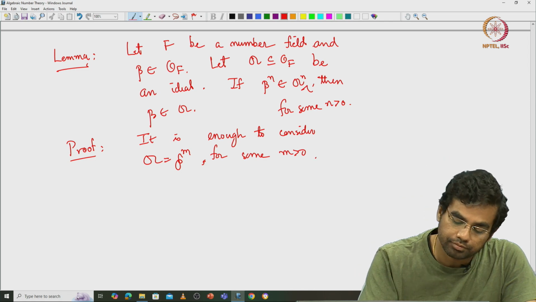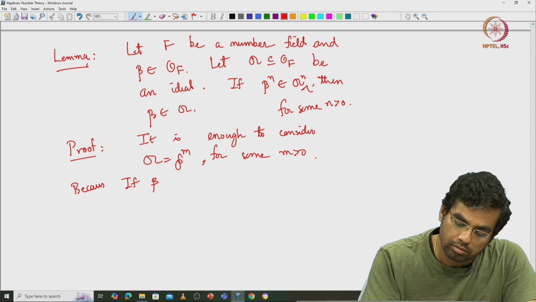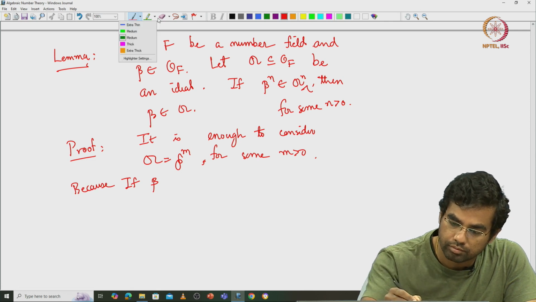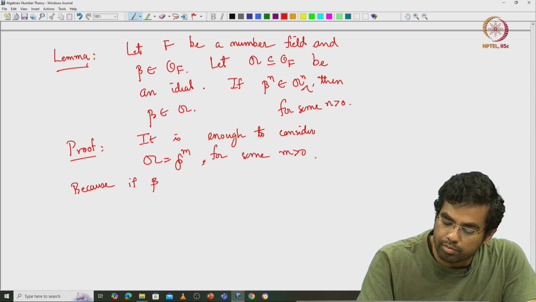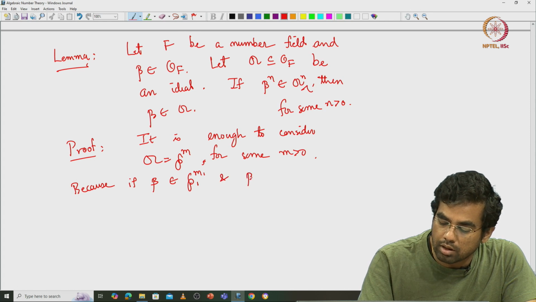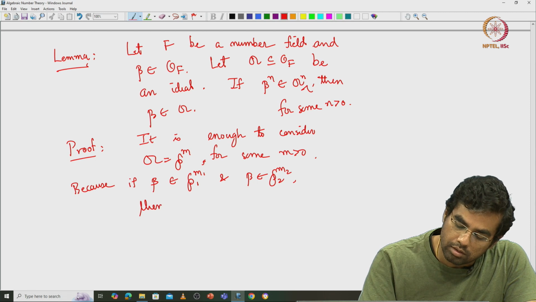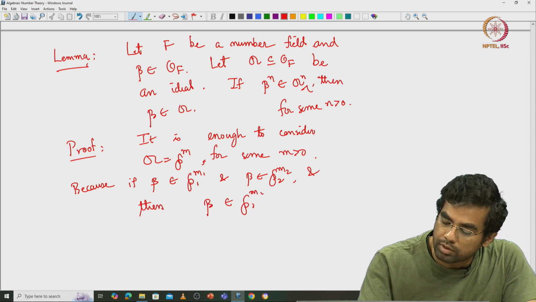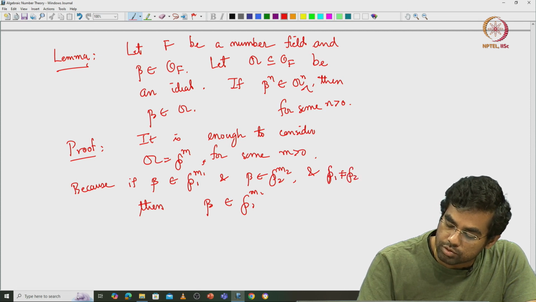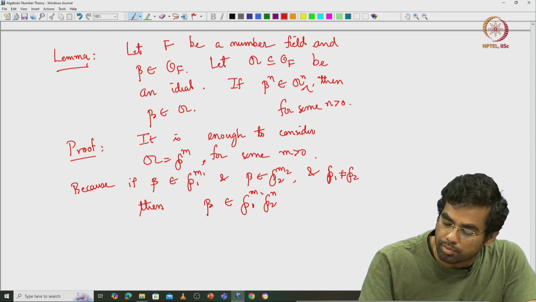Because if beta belongs to P1 to the power m1 and beta belongs to P2 to the power m2, and P1 and P2 are distinct, then it also belongs to their intersection.